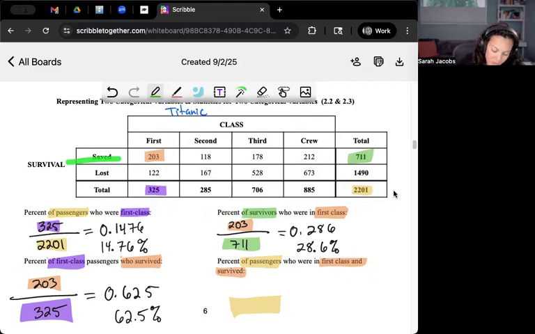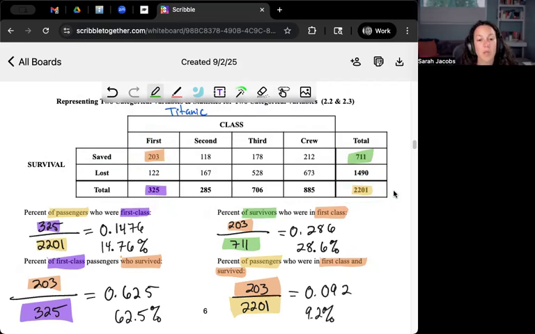That's this guy, first class and survived. That's our 203, so that's going to go on top. And so we'll get 203 out of 2201. And that gives us about 9%.